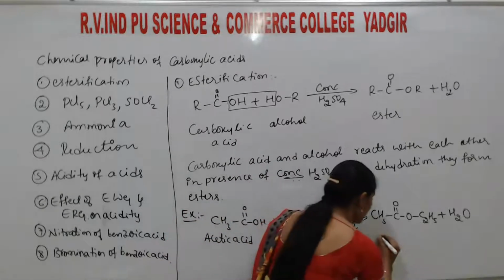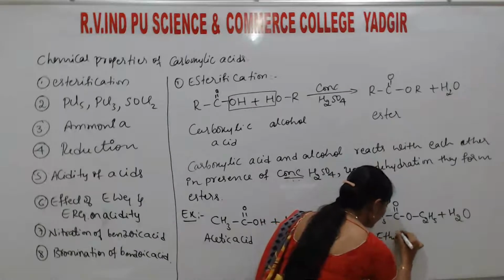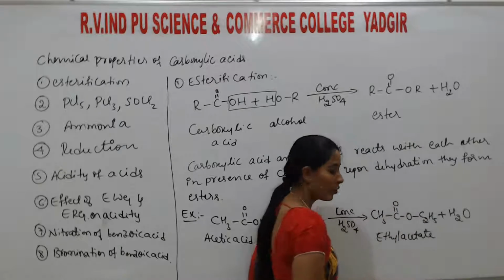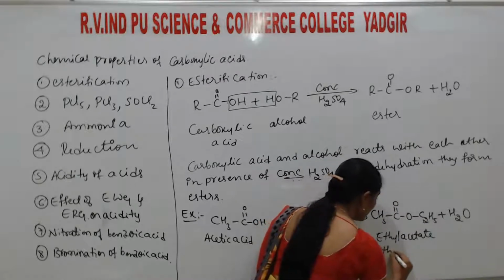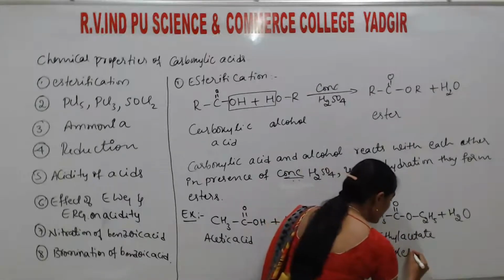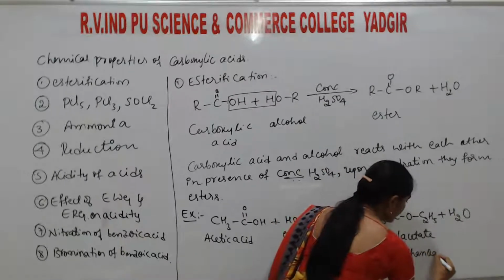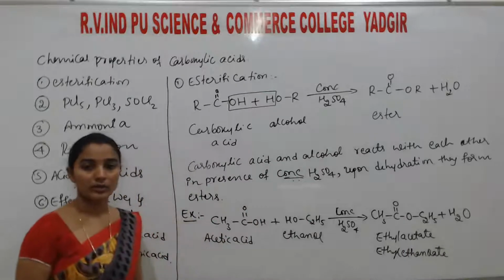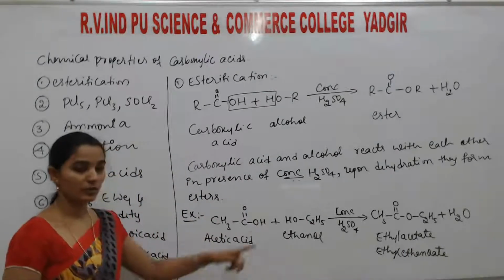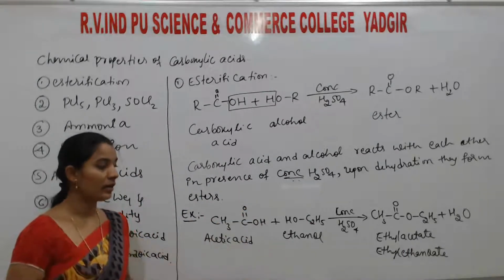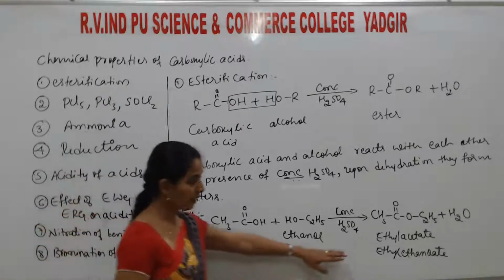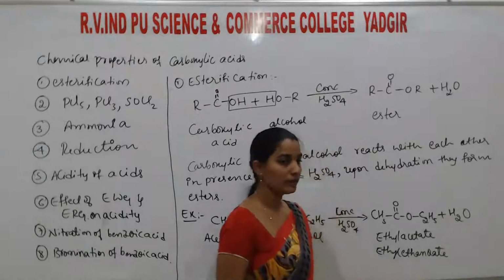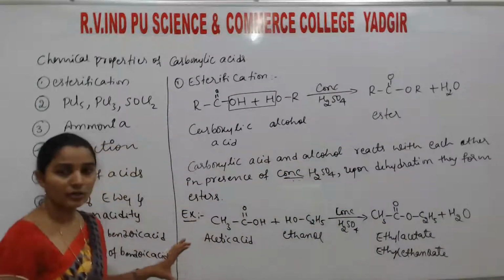The name of this is ethyl acetate. Or in the IUPAC name, this is ethyl, and two carbon atoms means ethanoate: ethyl ethanoate. That is the name of the compound. You may write ethyl acetate or ethyl ethanoate. This is the correct one according to the IUPAC system. So this is the esterification reaction.